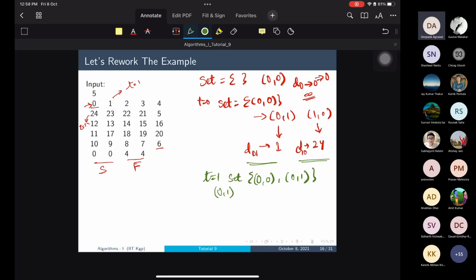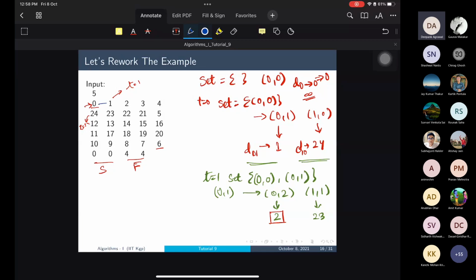Since 0, 0 is already visited, we will focus on 0, 2 and 1, 1, right? So similarly, we can update 2 here and 23 here, right? And then this 0, 2 will come out to the visited set.